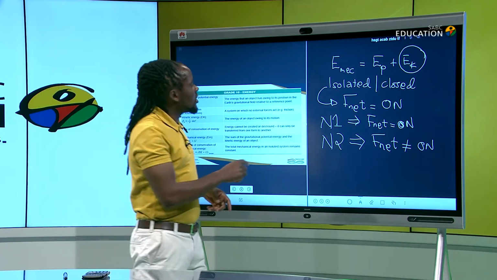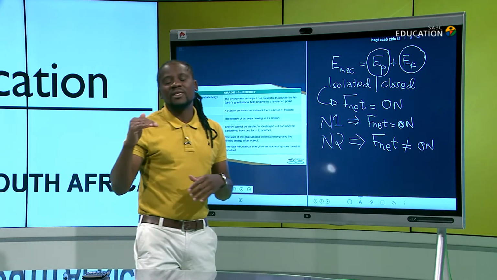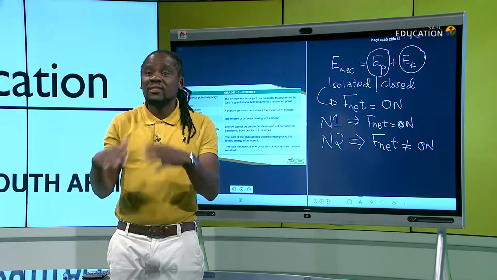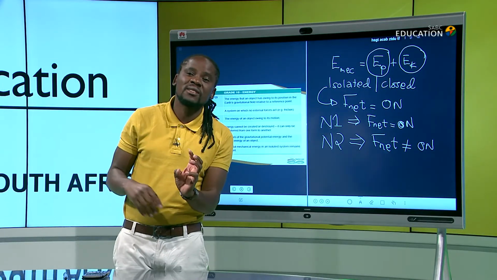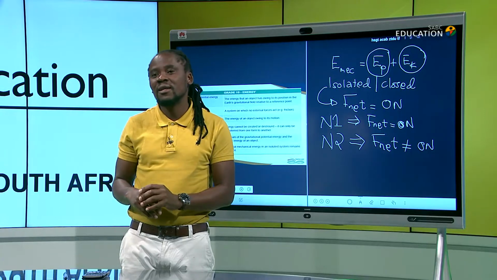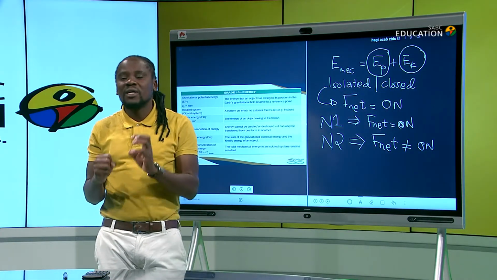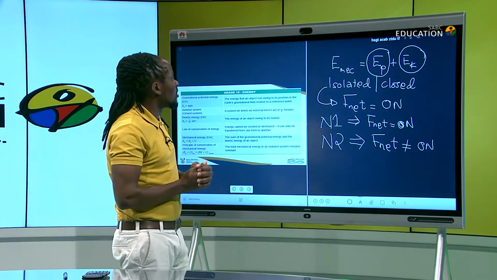And then when you look at the gravitational potential energy, be mindful of that. When we say gravitational, we're not just saying potential energy, because there are different forms of potential energy. In this mechanical context, we're talking about the gravitational potential energy. That's the form of energy that an object has due to its position above the surface of the Earth. Hence, we call it the gravitational.